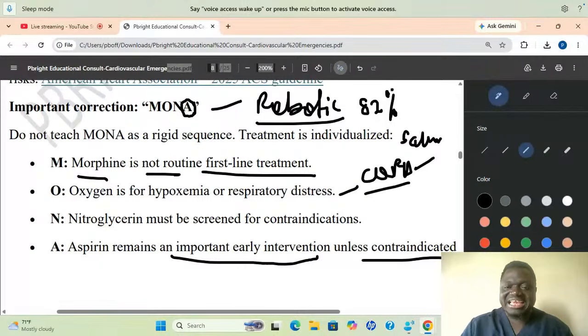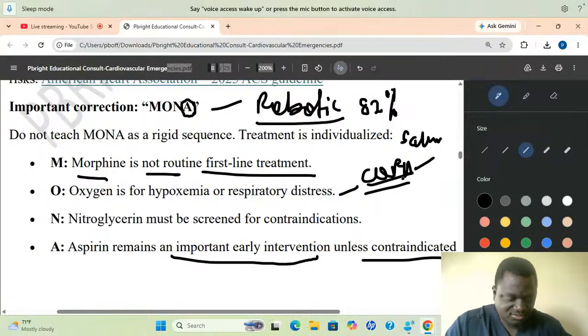What is your target saturation for this COPD patient? Yes, so we are looking at 88 to 92.